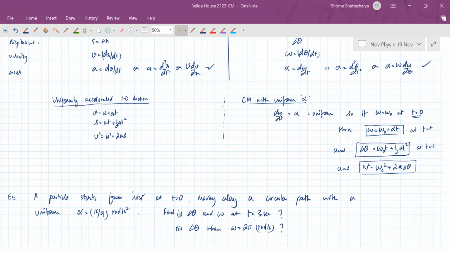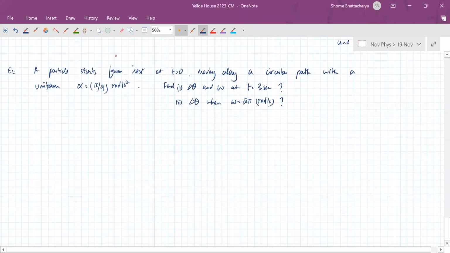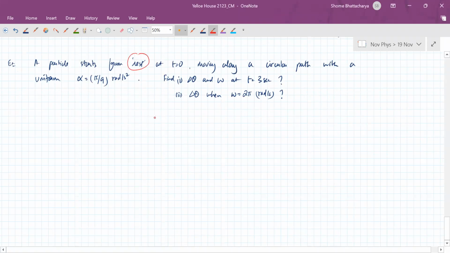Yes, very good, Kirti. Your answers are correct. Your angular velocity will be pi by 3 radians per second. Angular displacement will be pi by 2 radians or 90 degrees. Here we have to understand that because it starts from rest, our initial angular velocity is 0 at time t equal to 0.